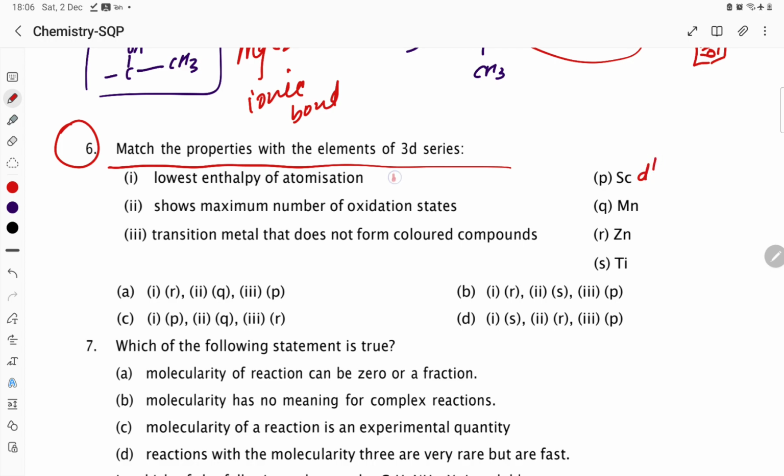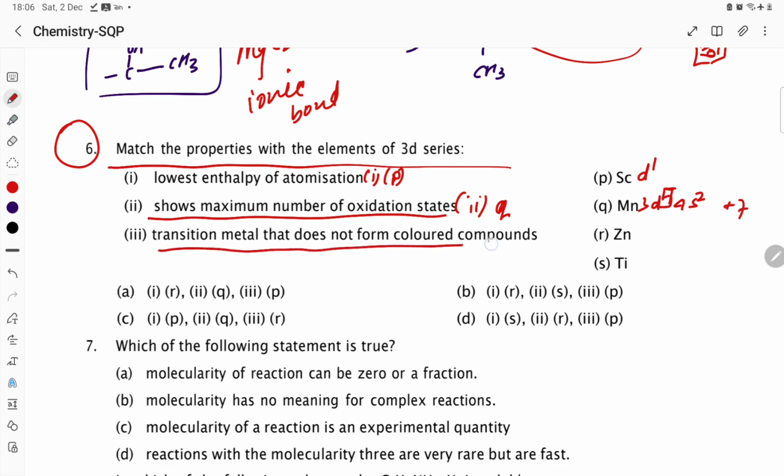So that is first, it is going with P. Now this one shows the maximum number of oxidation states. So second is going to be Mn, and Mn is Q, student, because Mn has a d5 configuration, 3d5 4s2, so plus 7 oxidation state.